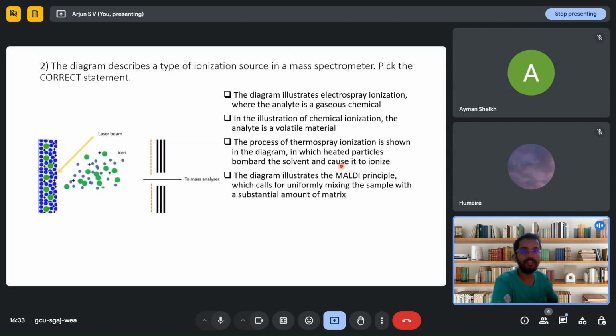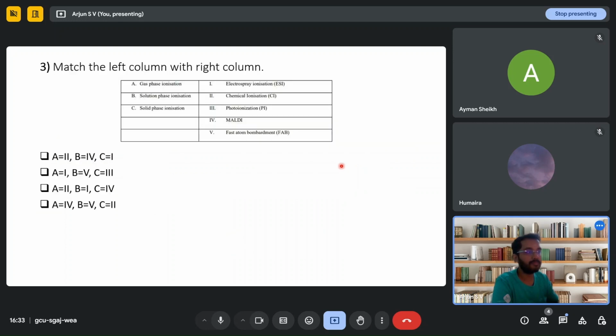Second question regarding your type of ionization source, it's option D, which is MALDI. So the third question, to match the left column with the right column, the correct answer is A. Gas phase ionization is chemical ionization.